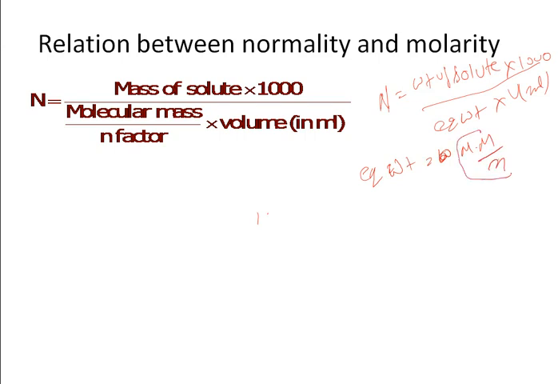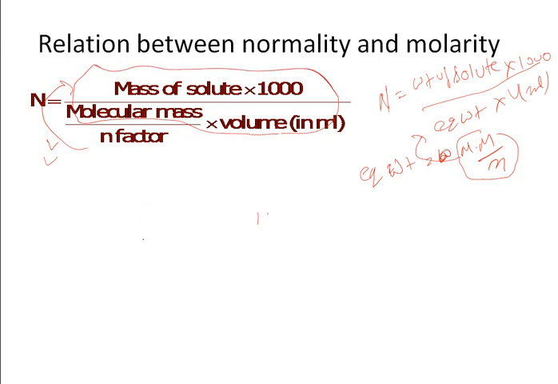We substitute this value in this formula, and now the formula becomes mass of solute into 1000 divided by molecular mass upon n factor and volume in ml. This n will move here and this whole thing will become molarity.